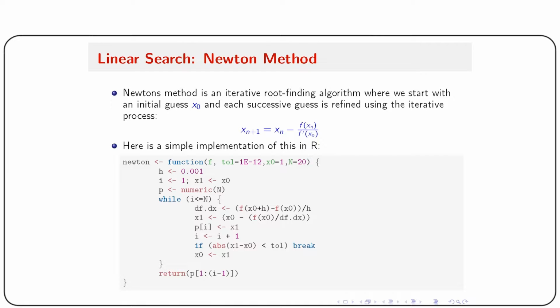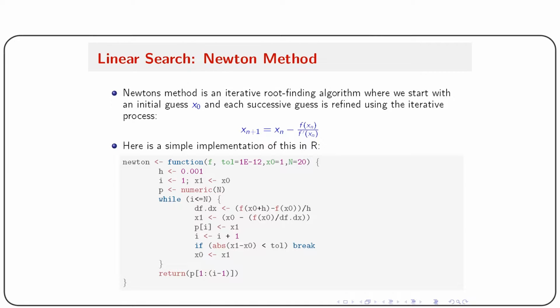Then df dx, the first derivative of the function, is just the earlier definition of calculus from our textbook: f of x naught plus h minus f of x naught, divided by h, where h I already defined as 0.001. This is a very crude method, though; just for implementation purposes I am doing it like this.